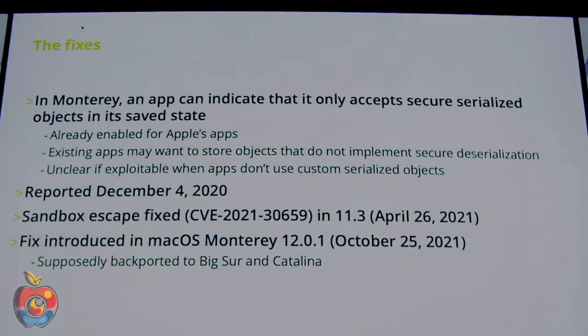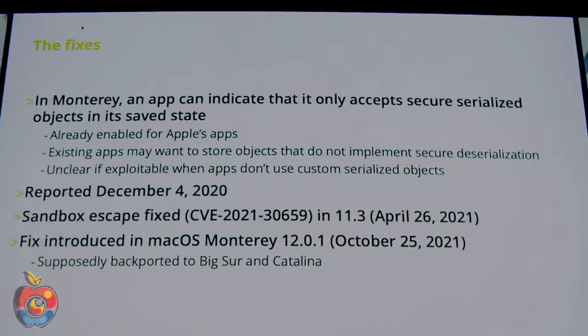So for those applications, that method might need to return false. It's not completely clear to me if it's exploitable if the method is not implemented, but the application doesn't store its own objects. I'm not completely sure. I haven't gone through it well enough to say for sure.